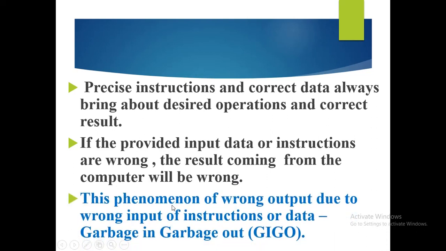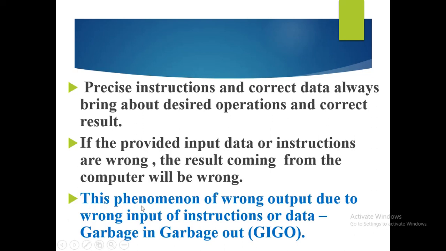This phenomenon of wrong output due to wrong input of instructions or data is called garbage in, garbage out. When we give wrong input, data or instructions to the computer, the result coming from the computer will also be wrong.